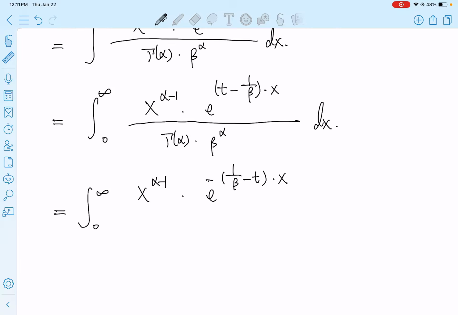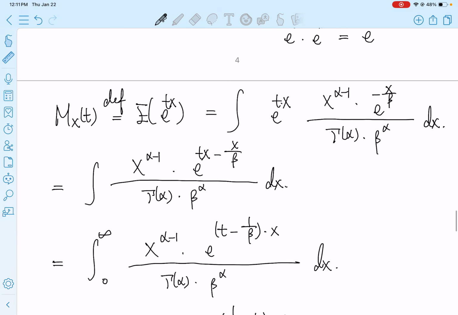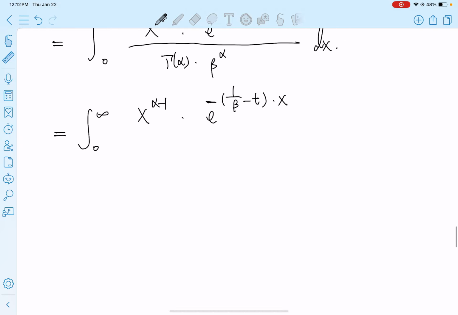I'm moving the negative sign to the front to construct a formula that looks like the probability density function of a gamma distribution. There's a negative sign, so I also want to introduce a negative sign here, and that is our new beta coefficient.